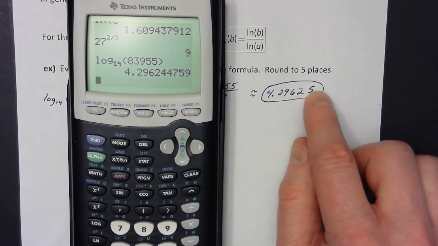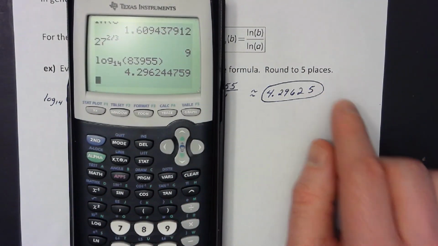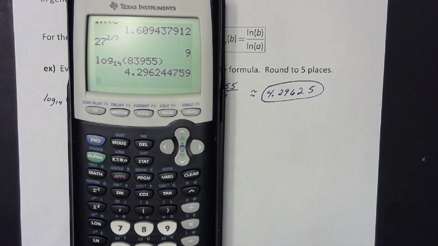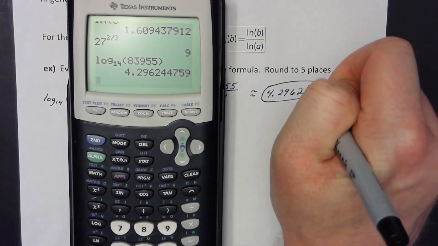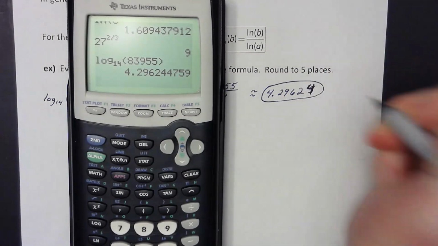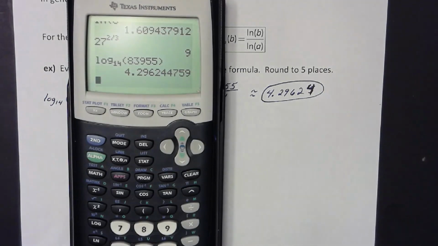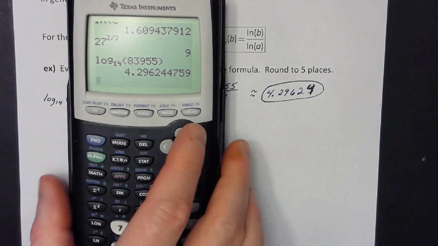Oh, actually, that wouldn't round up to 5, would it, guys? It'd stay a 4, so I need to correct that. 4.29624 would be the actual answer there, rounded to 5 decimal places.